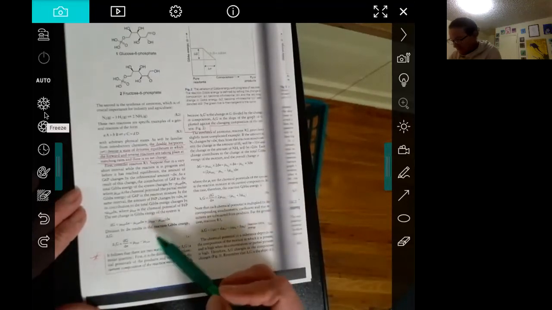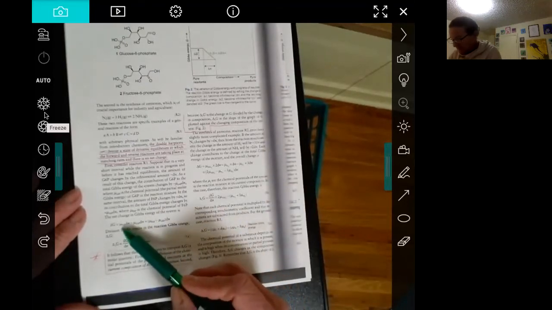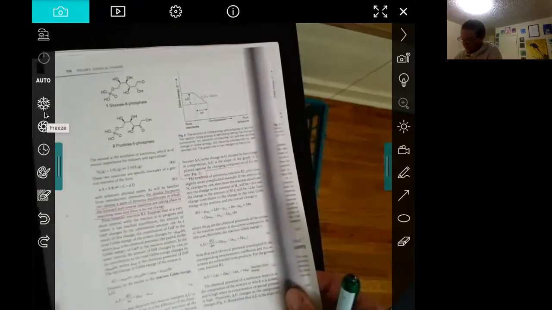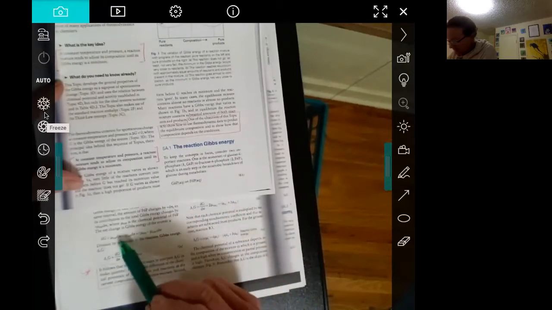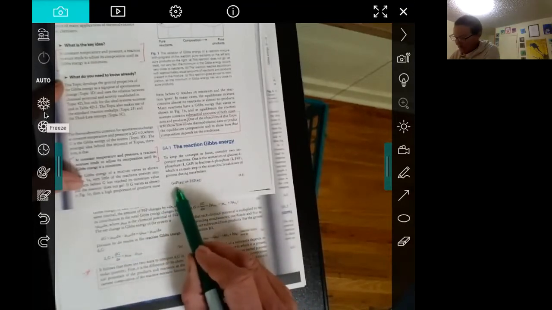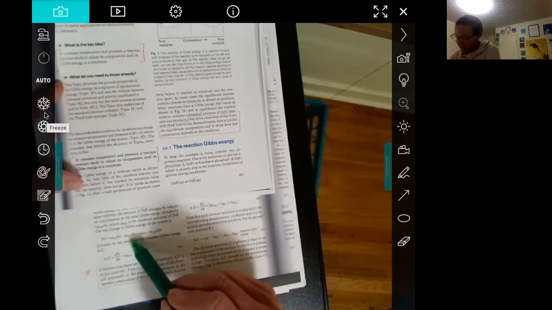So it has to be true that if in that first stoichiometry, so we have 1 to 1 right here, then the change in Gibbs energy is the chemical potential of the product times the number of moles of product that react, and then minus the chemical potential of reactant times the number of moles.